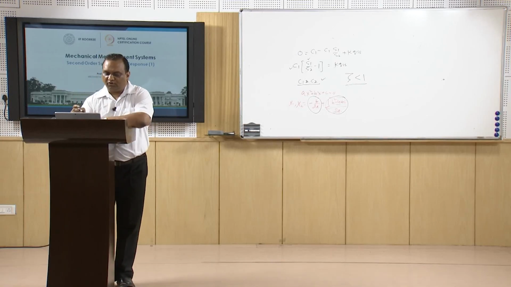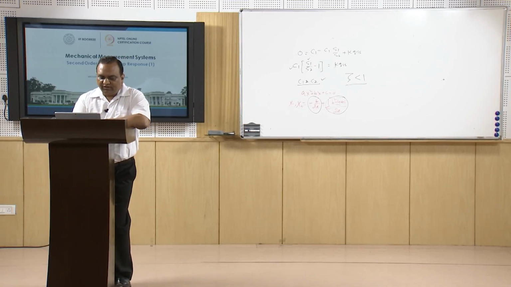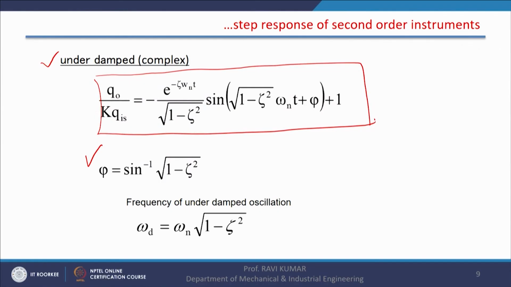In that case, for an underdamped system, the final expression will be like this, with k by qs, and for the value of phi, phi is sine inverse under root 1 minus zeta square, or it is cos inverse zeta. Both are the same.